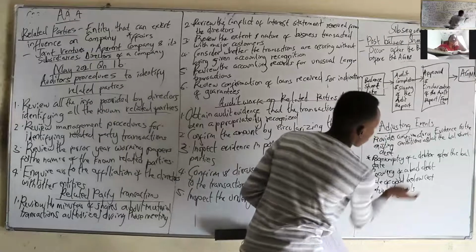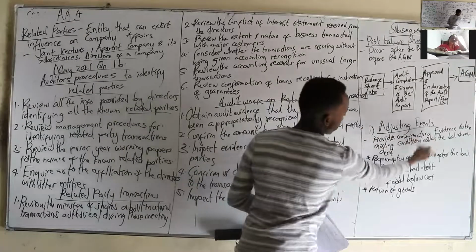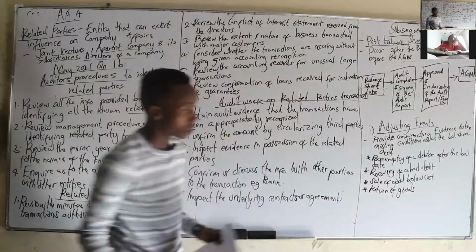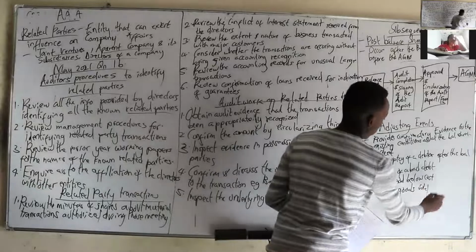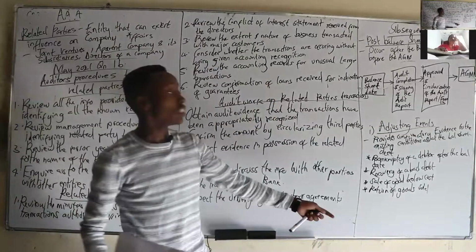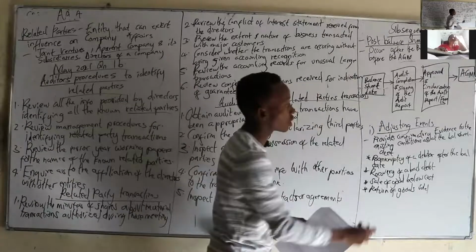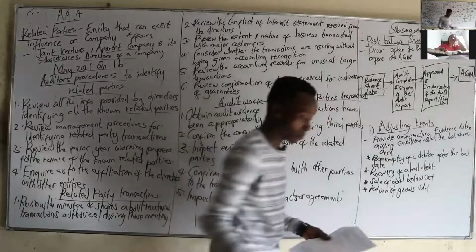So you have to identify what adjusting events are and some of these items. So return of goods sold also, and also any legal litigation that is pending, we have to create a provision for the same.